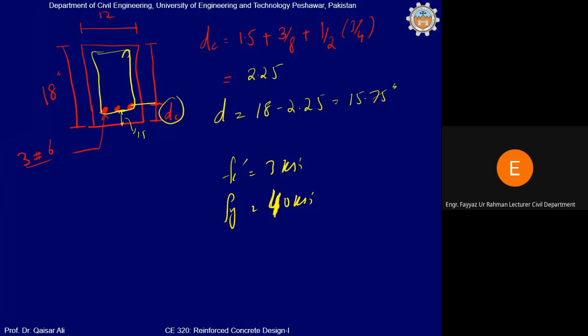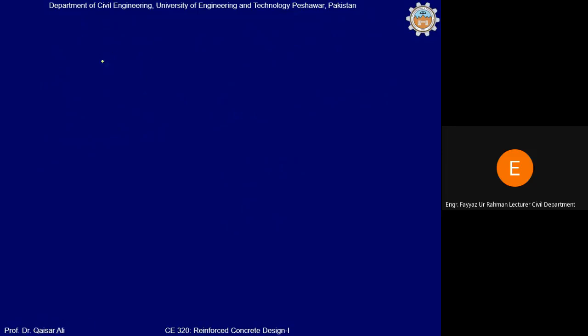From this, for example, if we calculate the flexure capacity at stage 1, so flexure capacity in stage 1, if we ignore the contribution of steel, it is equal to 7.5 under root Fc prime times B H square divided by 6. 7.5 under root Fc prime, where Fc prime is 3000 psi.